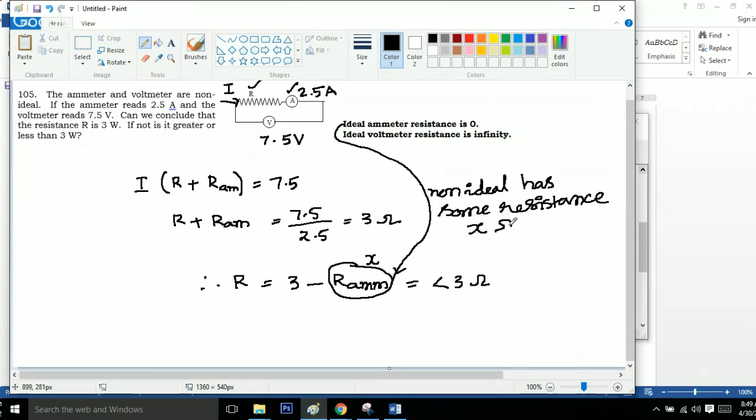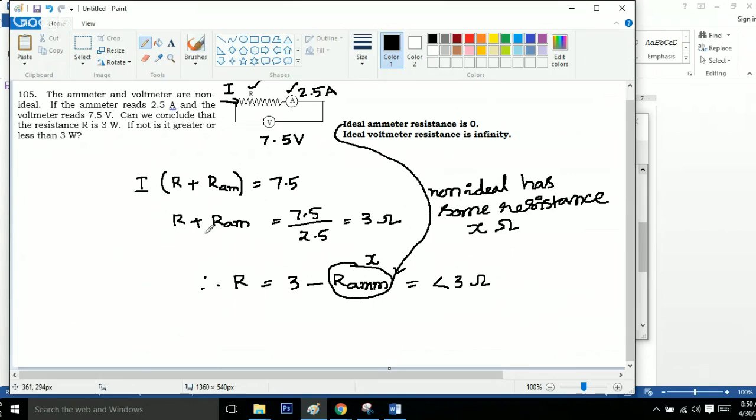Sir, one doubt, sir. Tell me. Sir, even the voltmeter is not ideal, no, sir. Exactly. Sir, so then the current will divide, some will go into ammeter and some will go into voltmeter, no, sir. No, that is true. But in such a case, I am saying that the common current through R and A is I. Understood?